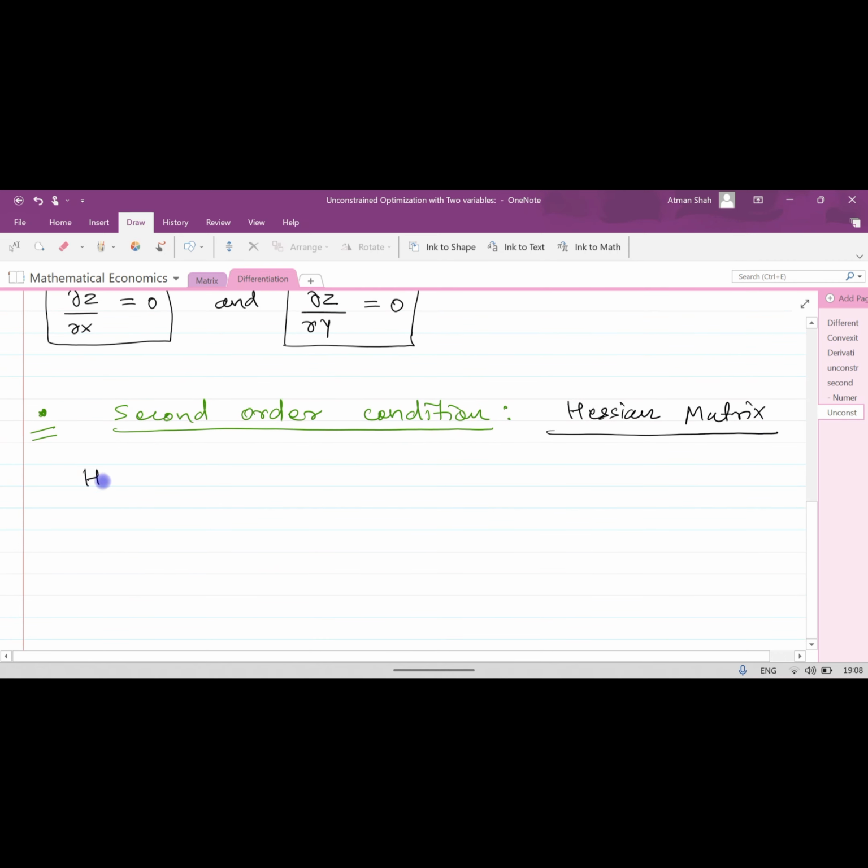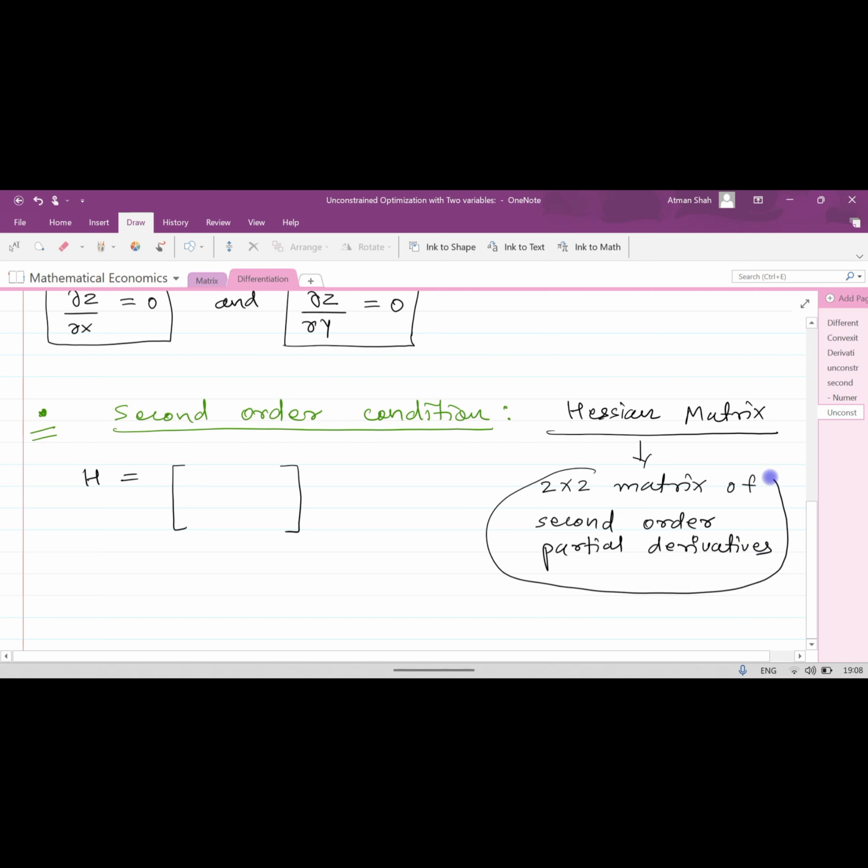It is denoted by capital H. The Hessian matrix is a 2 cross 2 matrix of second order partial derivatives.